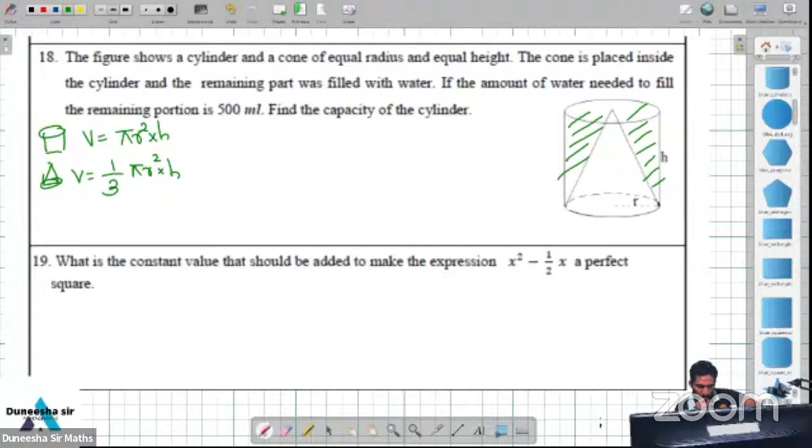How much should fill the gap? Then the space is pi r squared h minus 1/3 pi r squared h. How much is this gap? How much is it equal to?